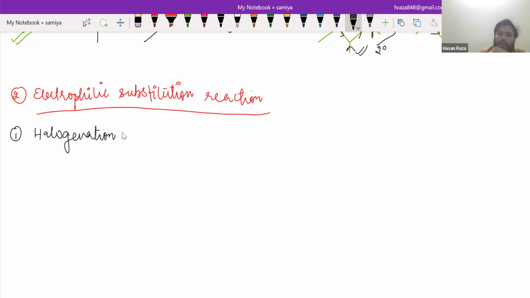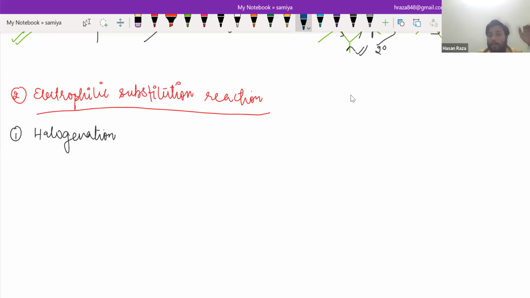No, not like this. See, hydrogenation means addition of hydrogen will take place. If there is dehydrogenation, that means removal of hydrogen will take place.